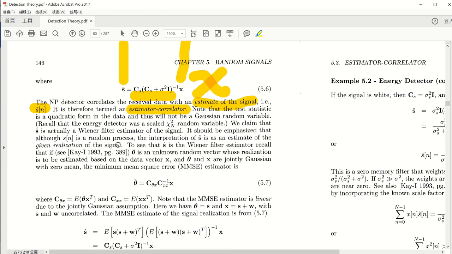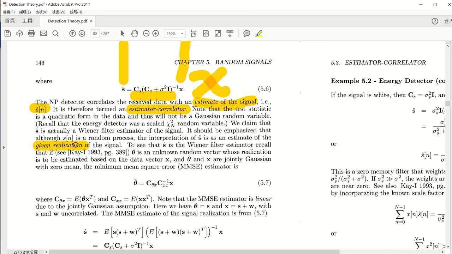So again, S is a random process, but it's an estimated version, and the interpretation is the realization. Remember that in the beginning of our class, I like to emphasize some of the basic concepts of probability. When we say something is a random variable, it's a random variable.